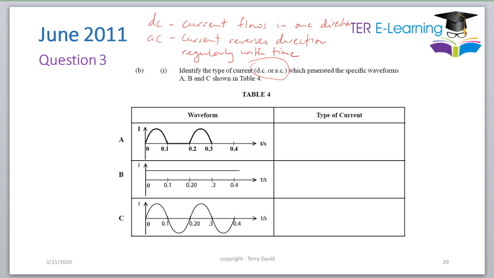Kendall is saying A is DC. John is saying, okay. Alright, so when you have a graph and you're looking for DC, we are looking to make sure that the graph does not go below my time axis, right? So type A is actually DC. This is a direct current. It is not AC, right? What about B?